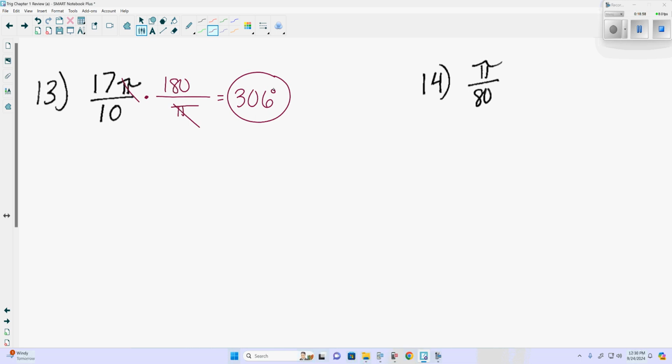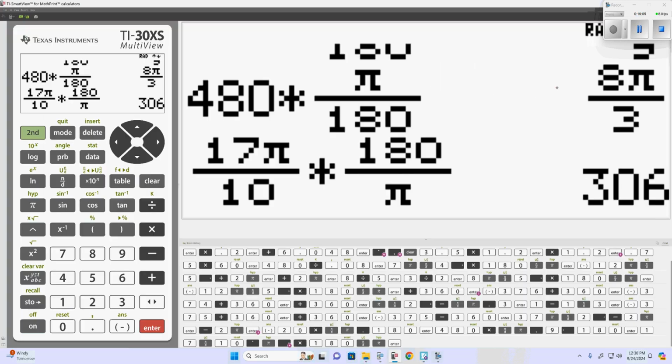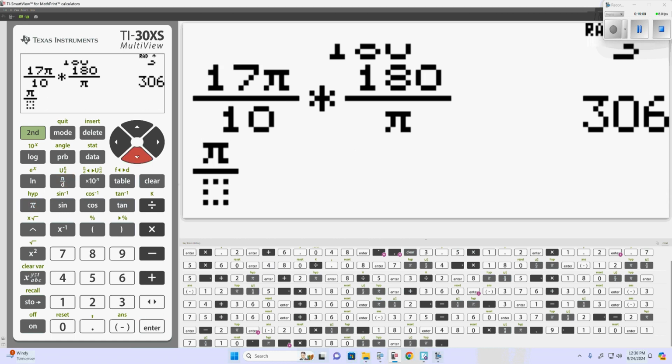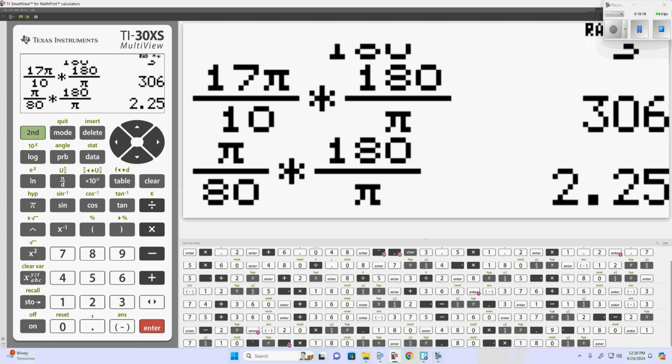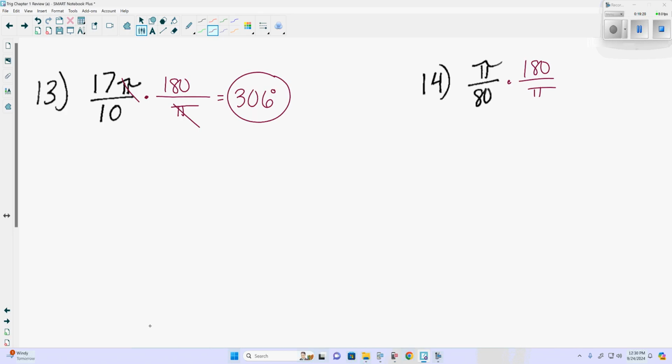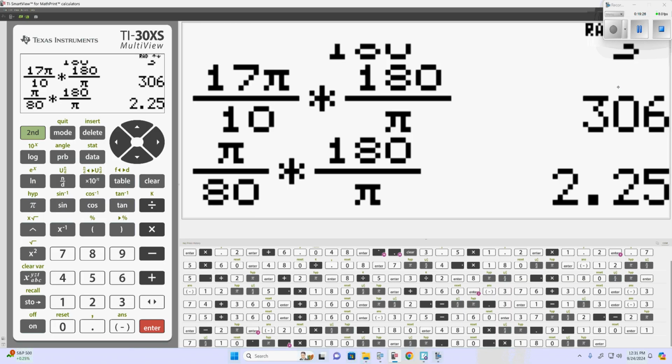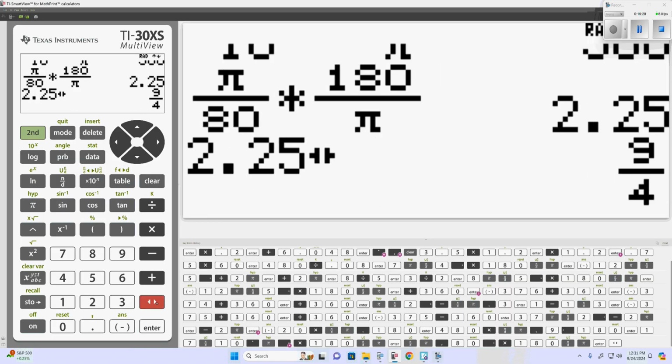I think the next one's 10. No, it's not. It would have been nice if it was. So here, pi over 80 times 180 over pi, 2.25, or 9/4.